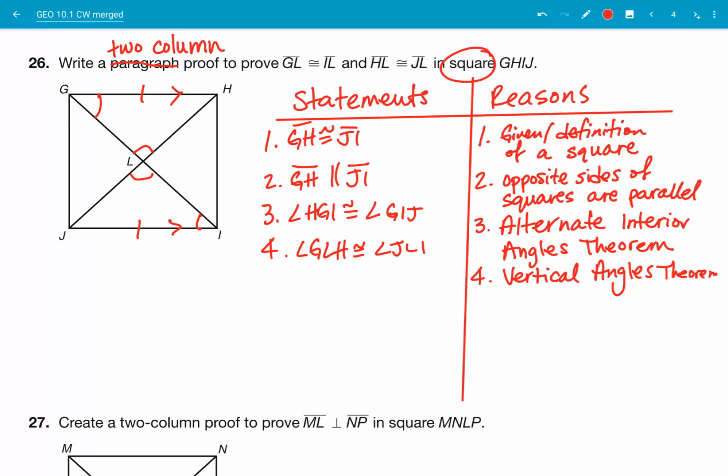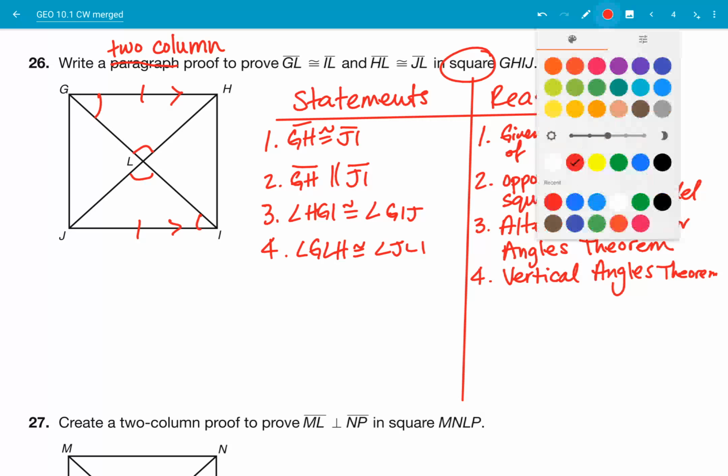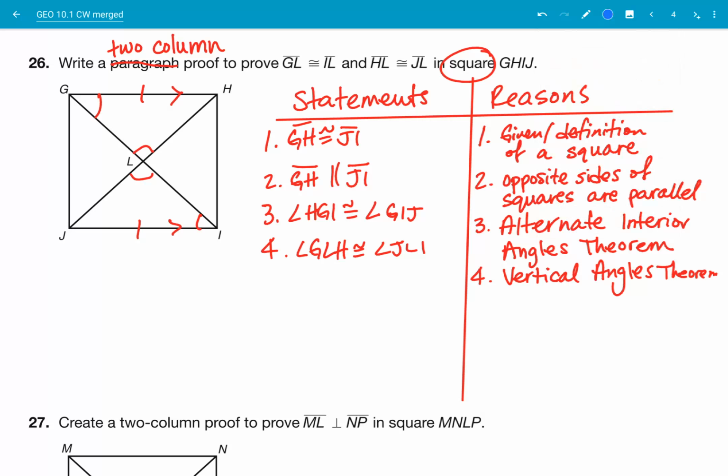Okay, so now I should be able to prove that these 2 triangles are congruent because I have an angle, I have another angle, and I have a side.